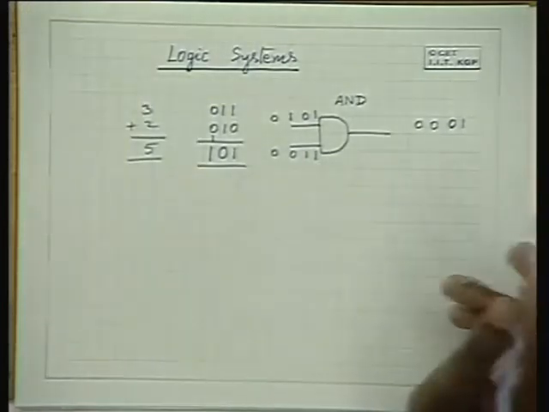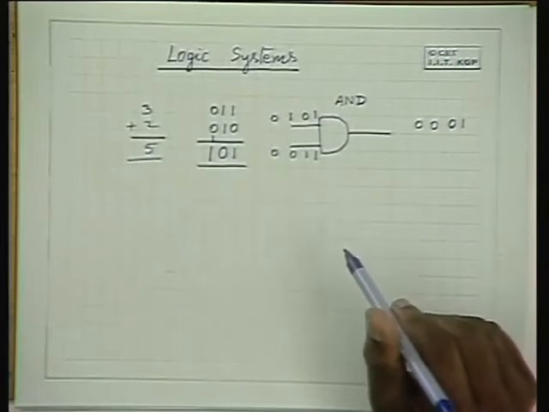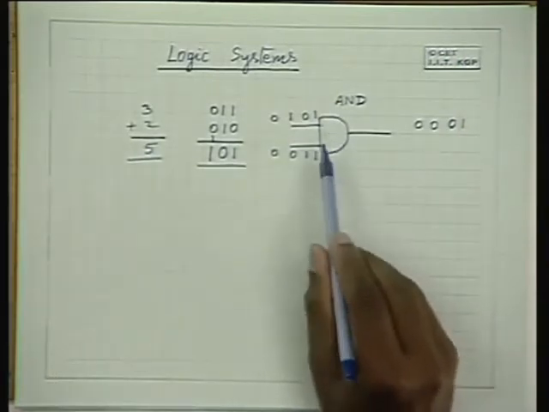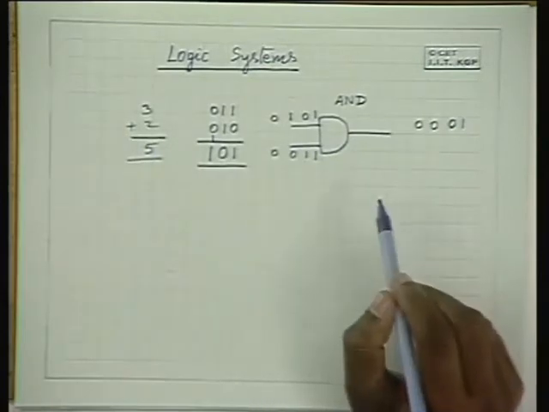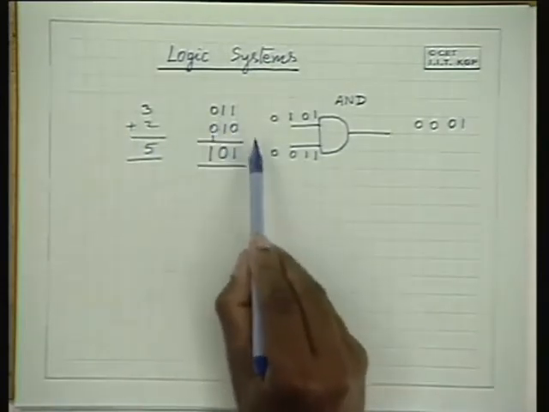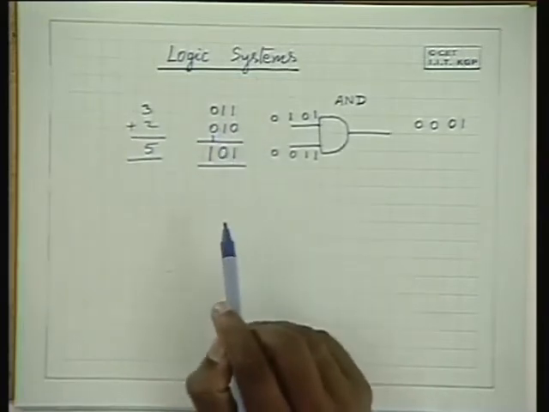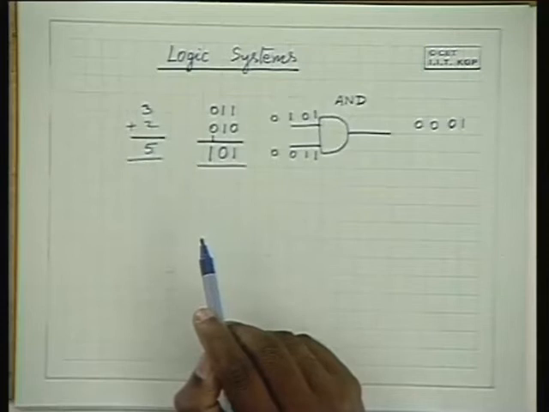It can also be built with diodes and resistances. And when you use combinations of several such gates, you can make circuits which can do additions and multiplications.